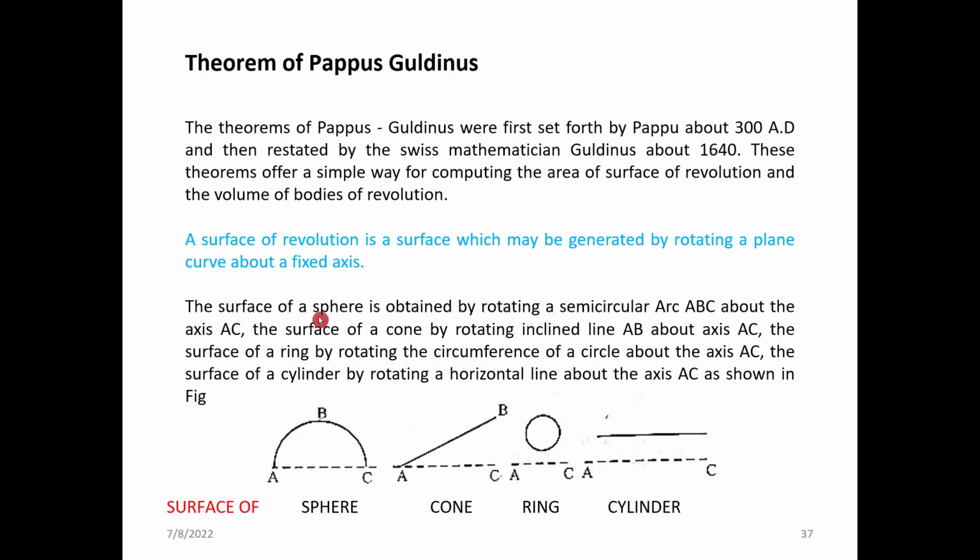So the surface of a sphere is obtained by rotating the semicircular arc ABC about the axis AC, a cone by this inclined line about AC, a surface of a ring by rotating the circumference of a circle about the axis AC, and also the surface of a cylinder by rotating the horizontal line, which we have just explained.